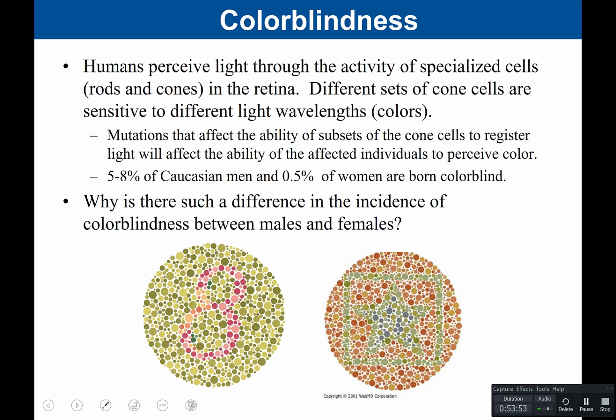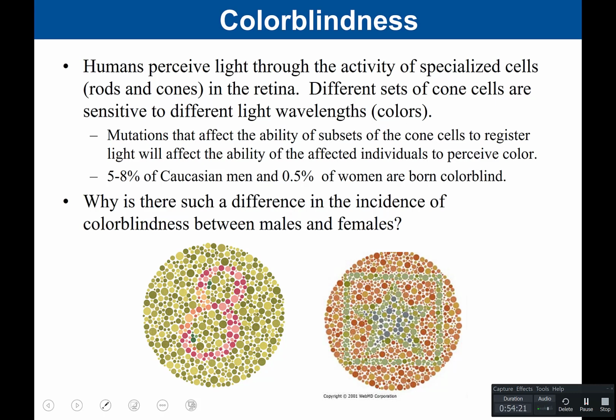Rods perceive light intensity, while cones perceive colors. Now we can have mutations that affect the ability of subsets of the cone cells to register light, and that will affect the ability of an affected individual to perceive color, meaning that if you have certain genes that are mutated, it doesn't allow you to perceive color correctly.